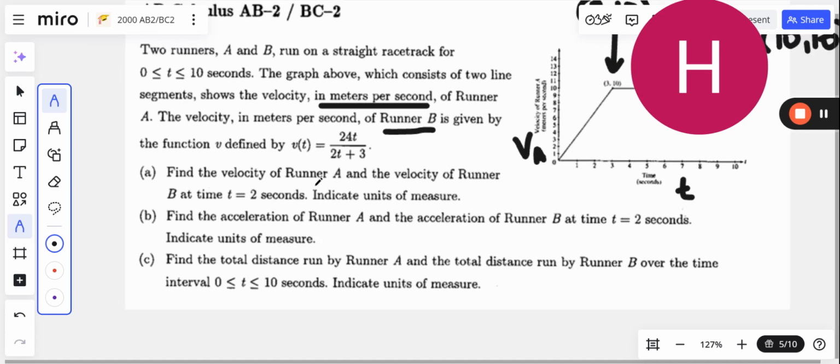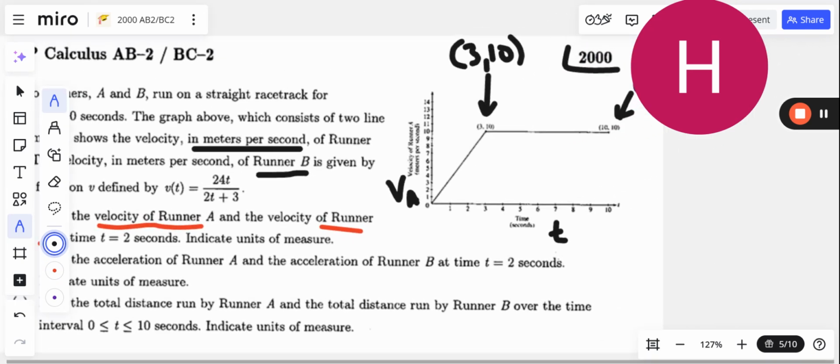Find the velocity of runner A and the velocity of runner B at time t equals 2 seconds.